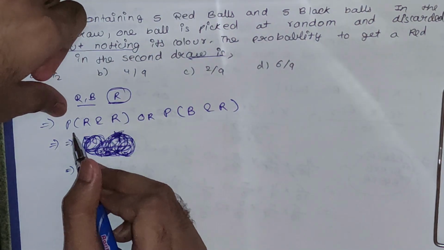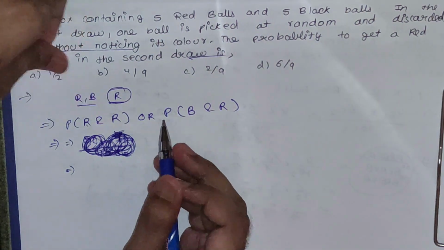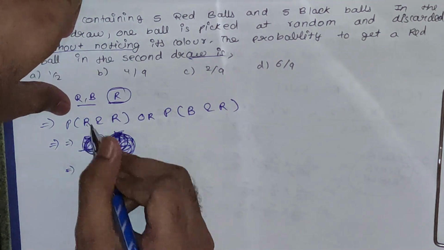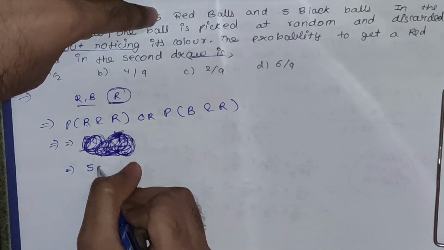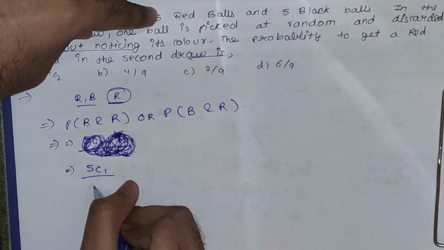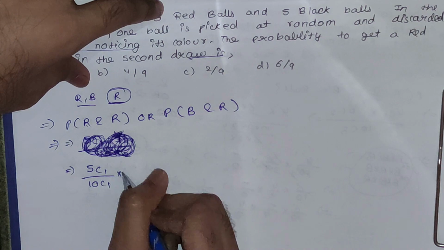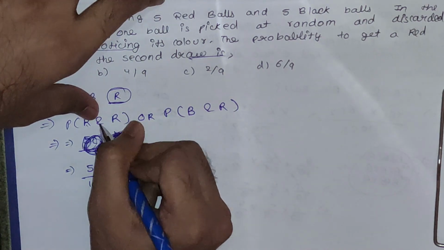Since we want the probability of red and red, first we are going to pick a red ball. From 5 red balls we are going to pick one ball, upon 10C1. We are going to multiply because we have 'and' here.